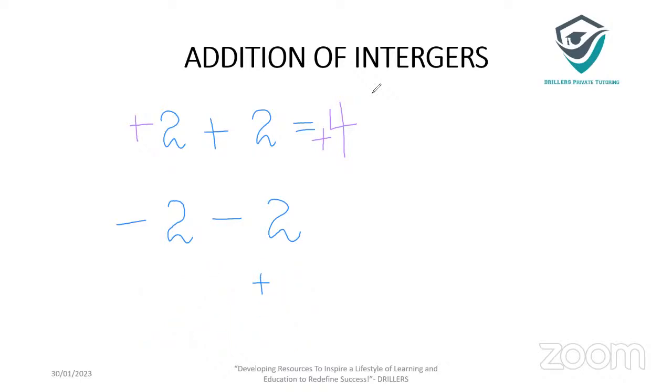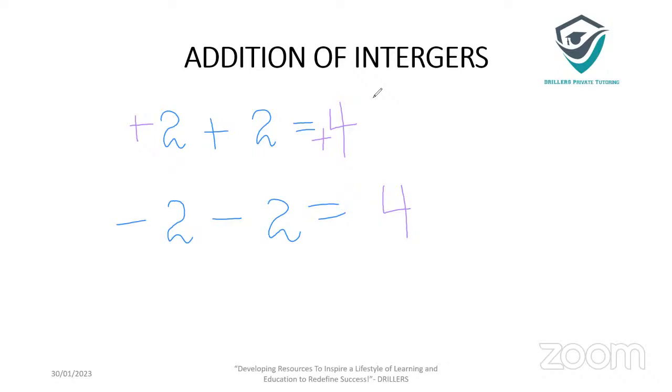And remember what they told us. The rule is same sign, we add the numbers and keep the sign. So if I add 2 and 2 together, I'm going to get 4 again.